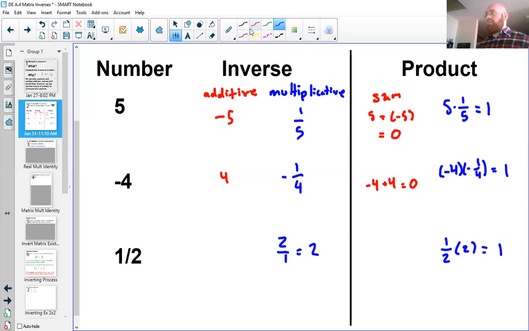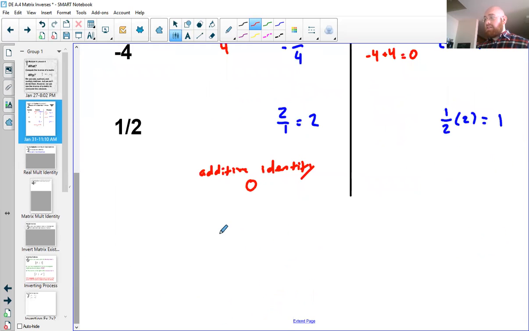We could think of the additive identity. So the additive identity is 0 because any number x plus 0 is still equal to itself.